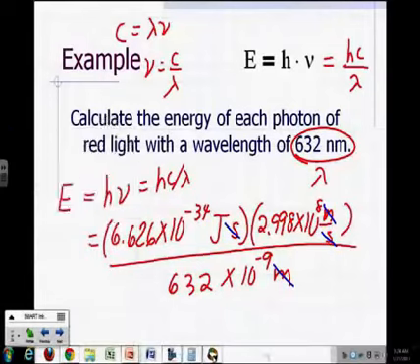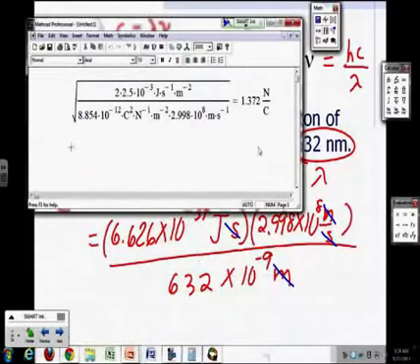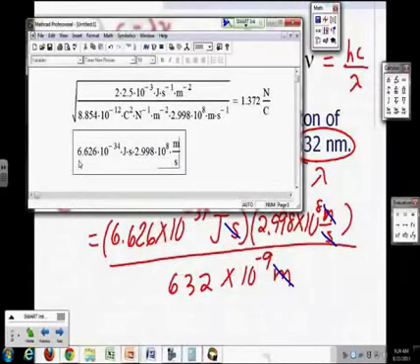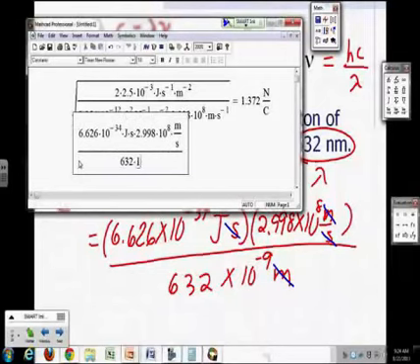What is that number? You have 6.626 times 10 to the negative 34 joule seconds times 2.998 times 10 to the 8 meters per second, divided by 632 times 10 to the negative 9 meters.